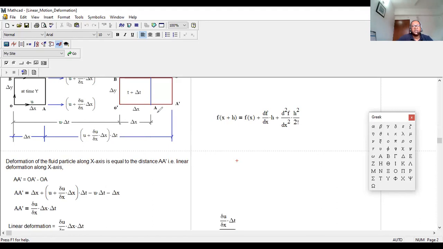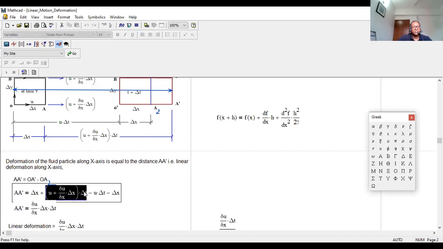Say if I call this one A2. Now, what is this distance? OA', the distance from here to here. Del x, I can say this del x plus this term. So I did this del x, then plus this term.